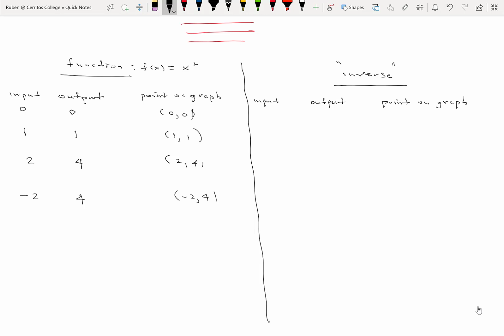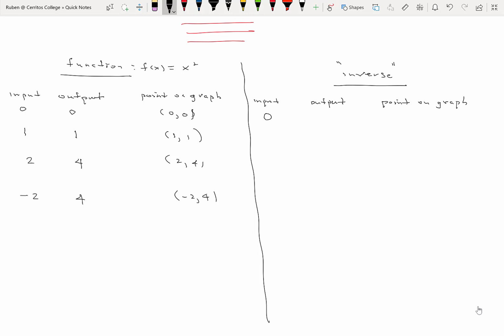Now let's do the same thing with the inverse function, but for the inputs of the inverse, I'm going to put the outputs of the original function. So the original function had the first output of 0, so that's going to be the input of the inverse.